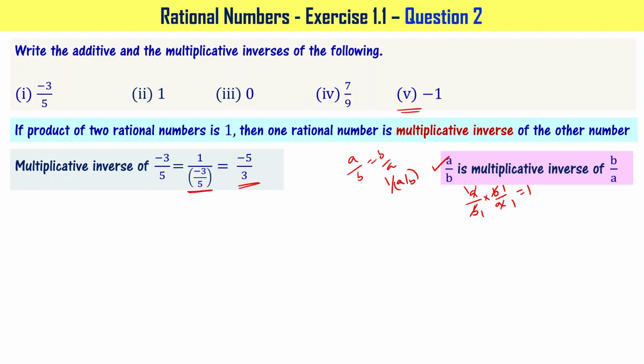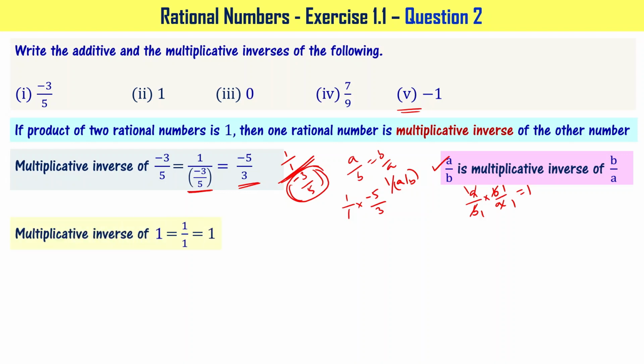If you have any doubts, we can write it as 1 by 1 divided by minus 3 by 5. When you flip the number in the denominator, we can write it as 1 by 1 times minus 5 by 3. This is going to be minus 5 by 3, right? So the multiplicative inverse of minus 3 by 5 is minus 5 by 3.